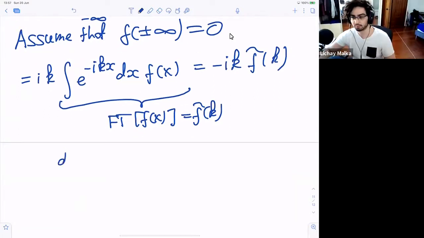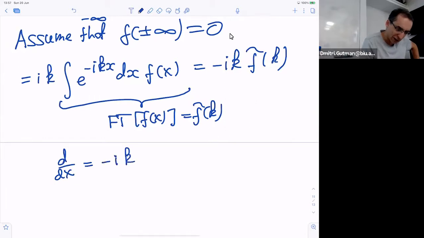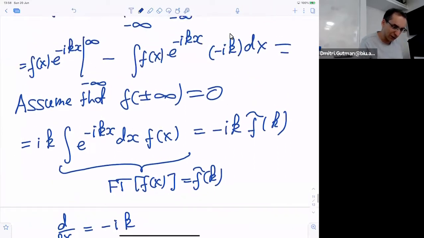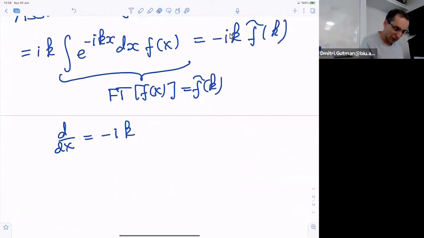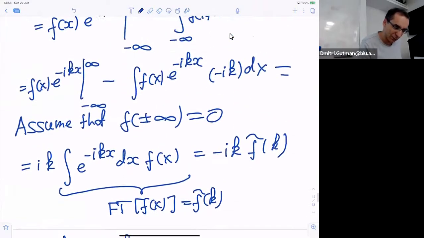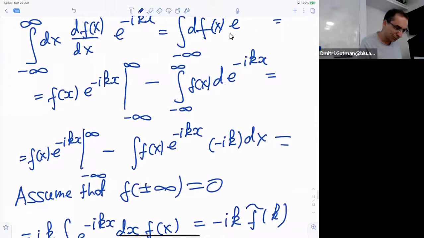I'm getting d over dx is equal to minus ik. So if I multiply it by, no, I'm getting a wrong sign here, because now I'm getting minus i d over dx is equal to minus k, right? And I should be getting plus k, so somewhere there is a trivial mistake here.